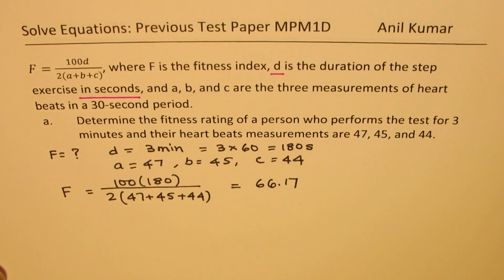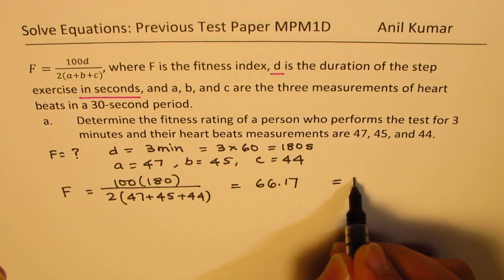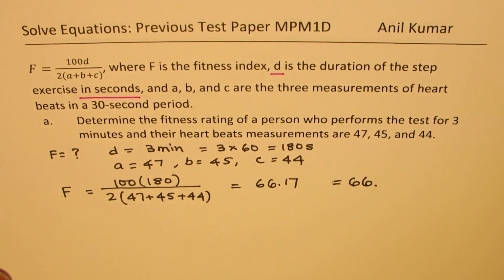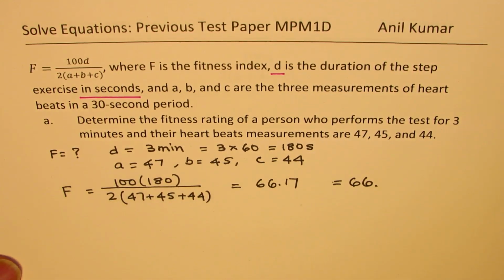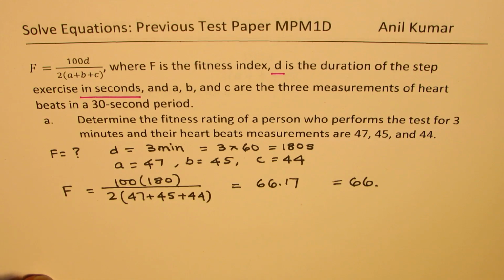Right, so approximately 66. So the F value is 66, which is a high average. Anyway, we just want to find the value of F, which is 66 in this particular case, right?